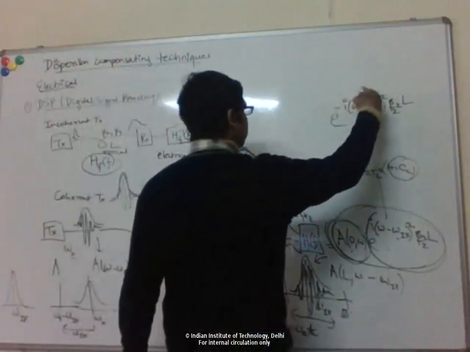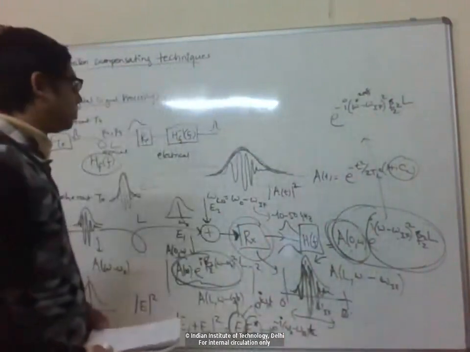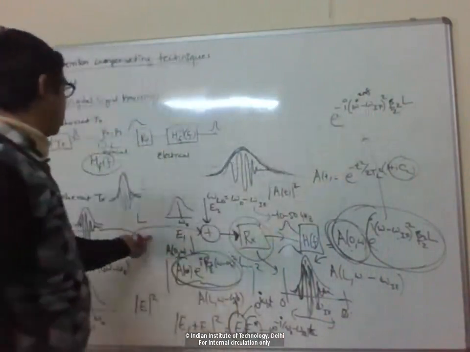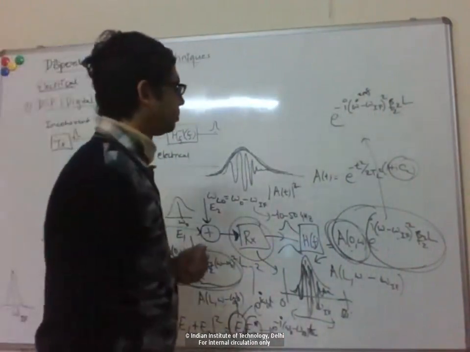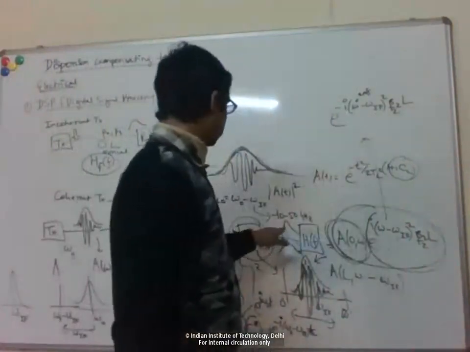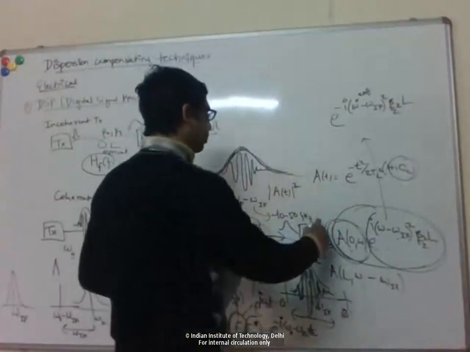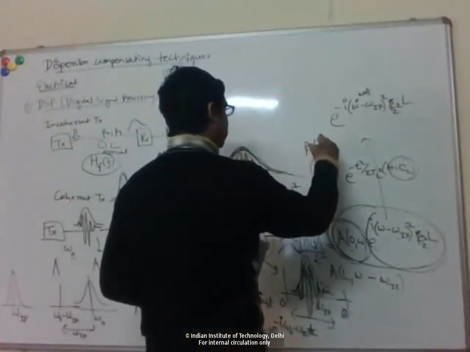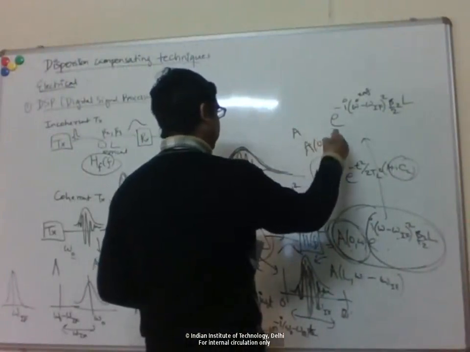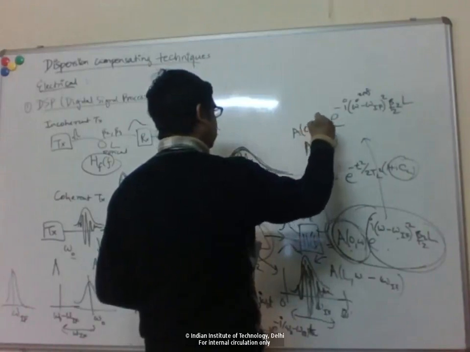Omega is 2 pi f. And I know the beta 2 and L for my fiber here, so I can construct an electronic digital filter like this, and then send this electrical signal through that filter. After this filter, I recover my initial spectrum, and by consequence, the time domain loss.